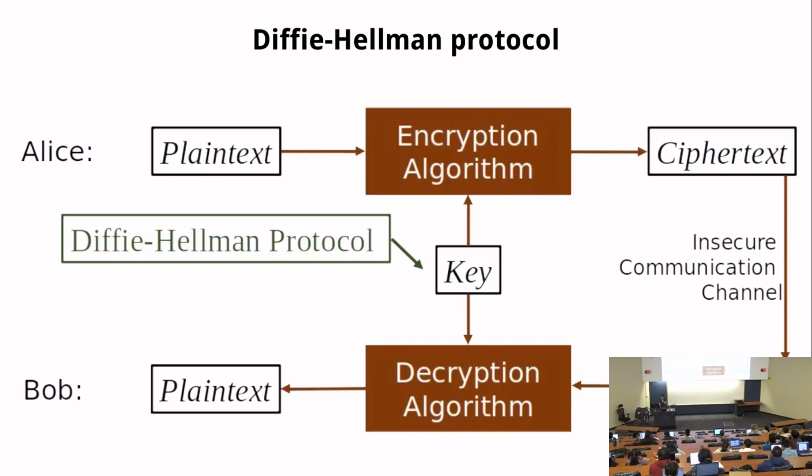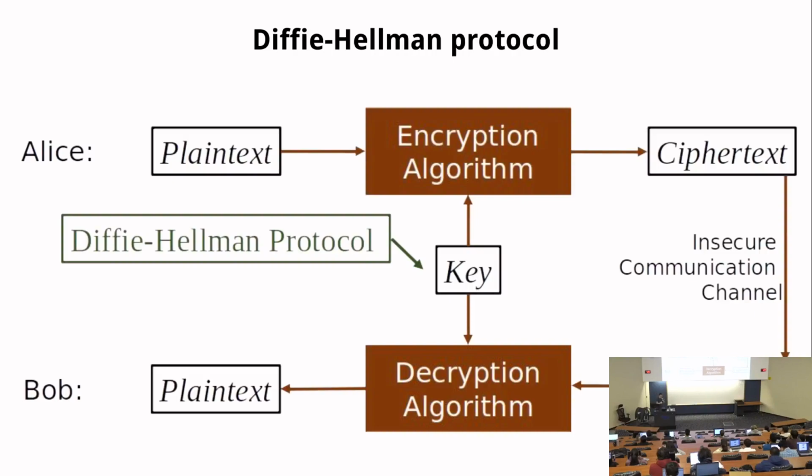So for Diffie-Hellman, one of the weaknesses is it is subject to something called a man-in-the-middle attack, which we discussed last week. A third party can place themselves in the middle of Alice and Bob and negotiate two separate keys with Alice and Bob respectively.